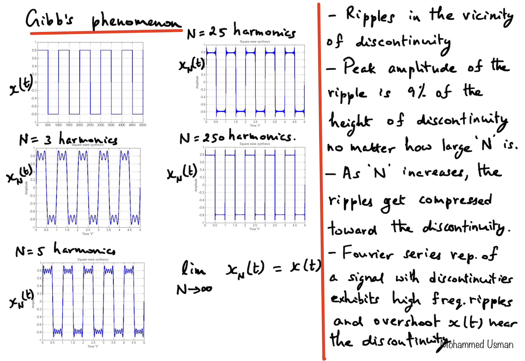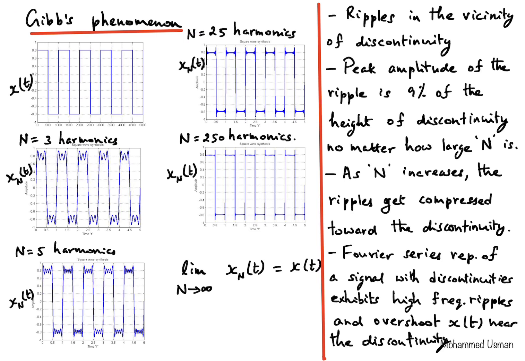That's the analysis and proof done by the scientist called Gibbs, who proved this phenomenon, and hence by his name, this phenomenon in the Fourier series representation where we have ripples is called the Gibbs phenomenon.